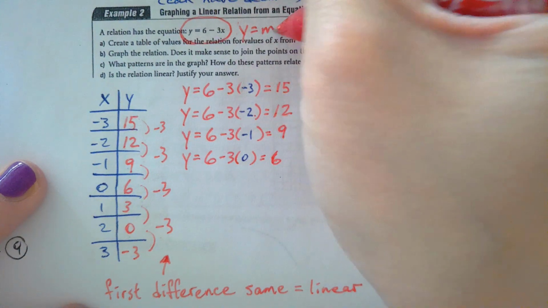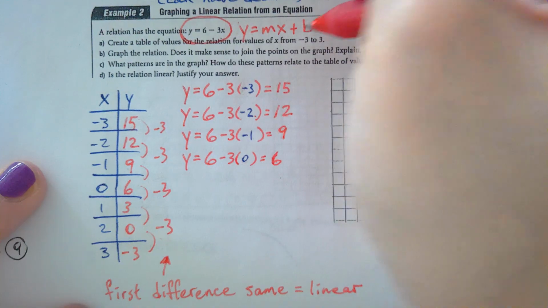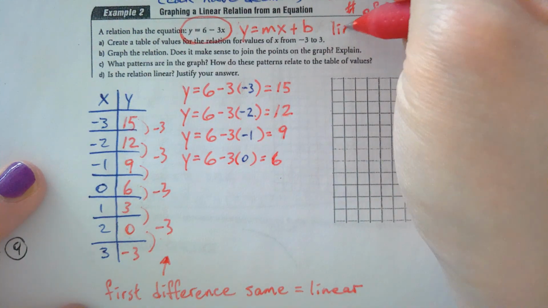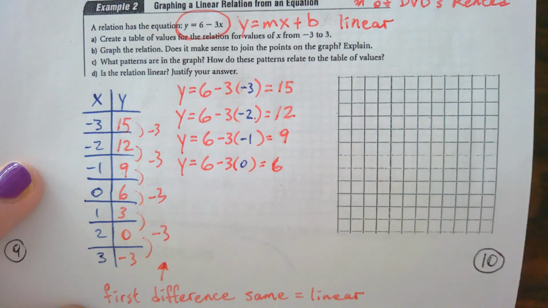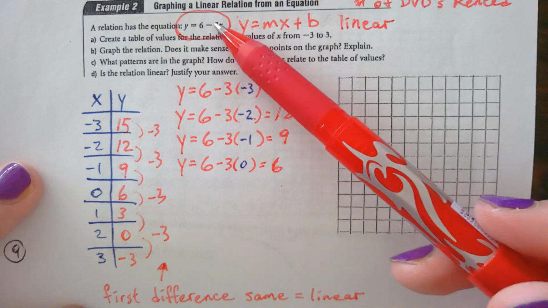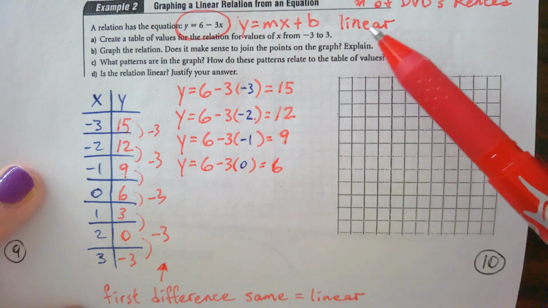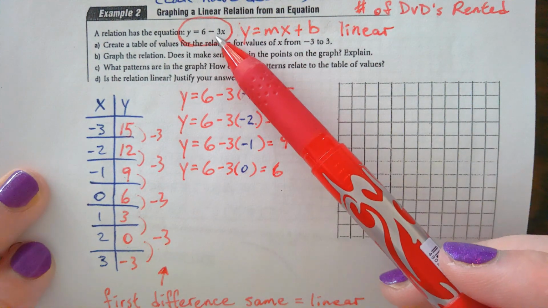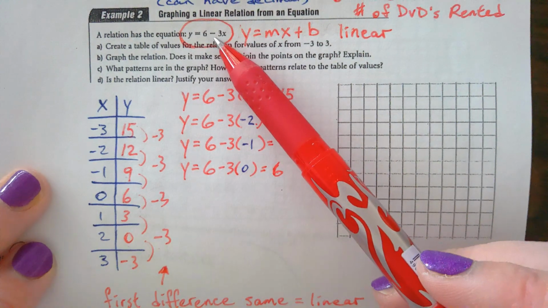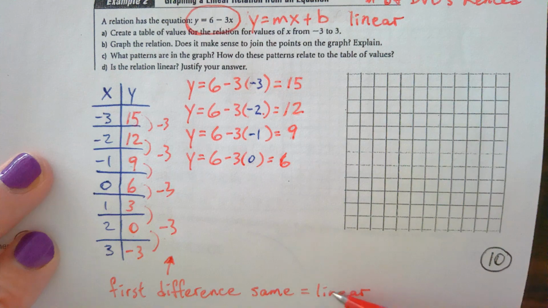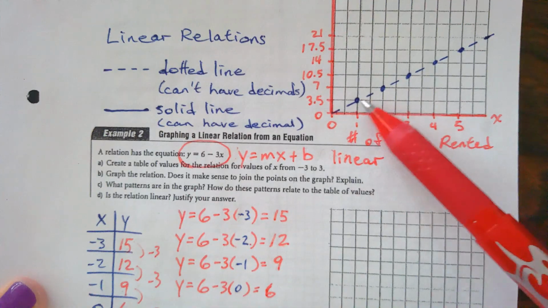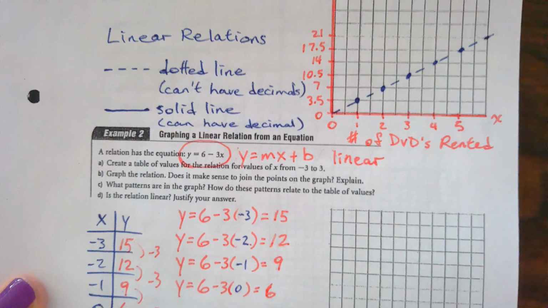Yeah, y equals mx plus b. If it's in y equals mx plus b form, we also know that it's a linear relation. So just like that, there you go. You figured out how to create linear relations. Based on the equation, you can tell it's a linear relation. Based on the table, you know it's a linear relation. Based on the graph, you see a line, it's a linear relation.